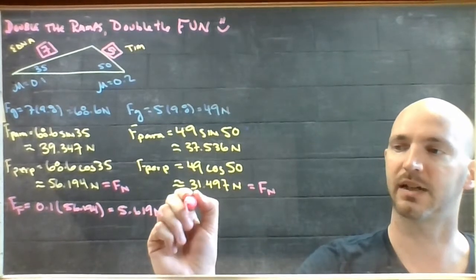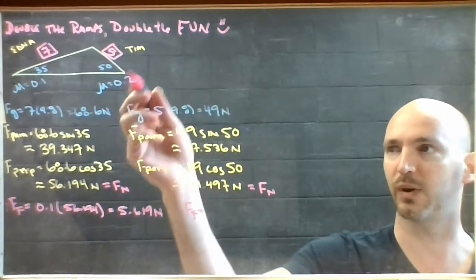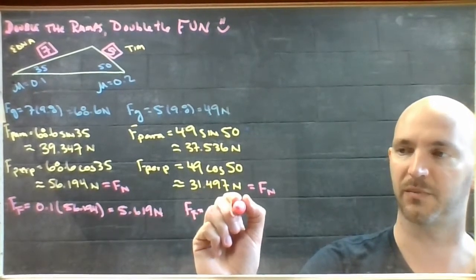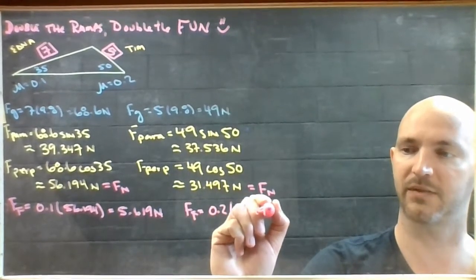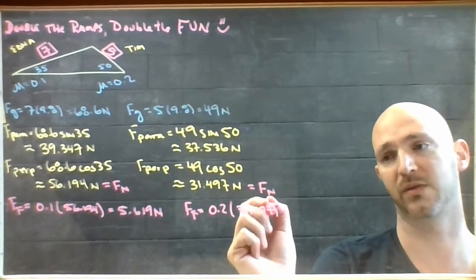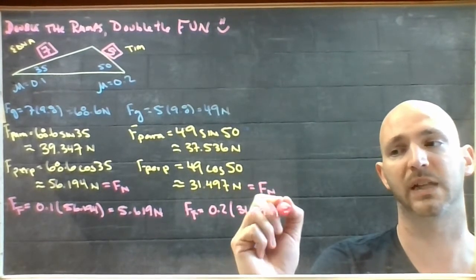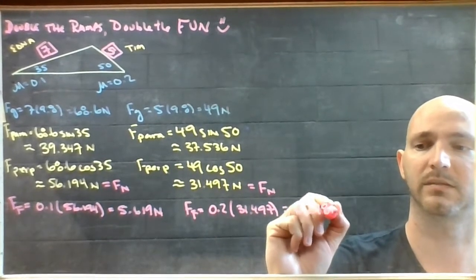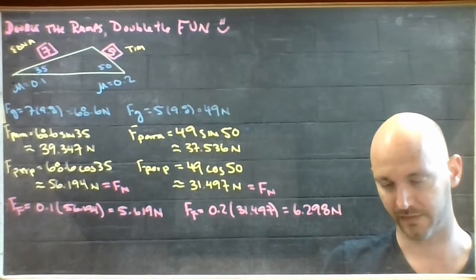And on this side, Tim's coefficient of friction, 0.2 multiplied by 31.497, which is 6.298 if I round to 3 digits.